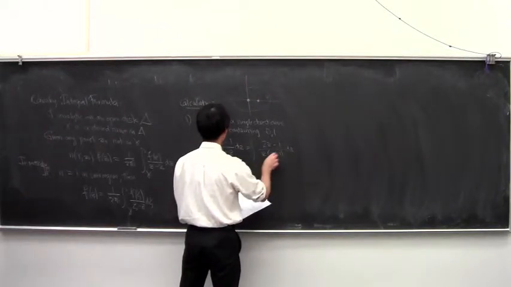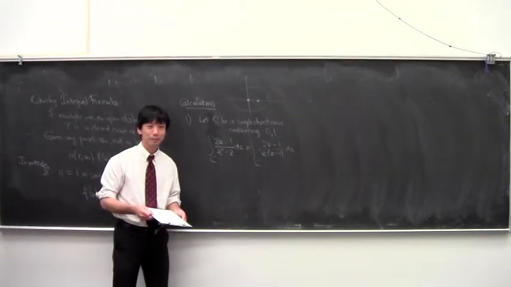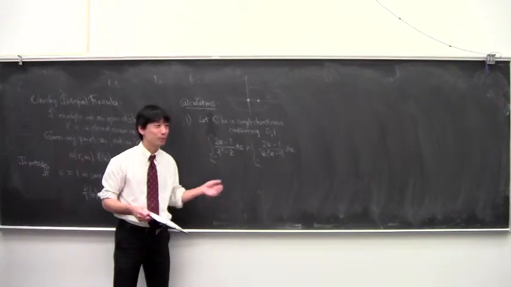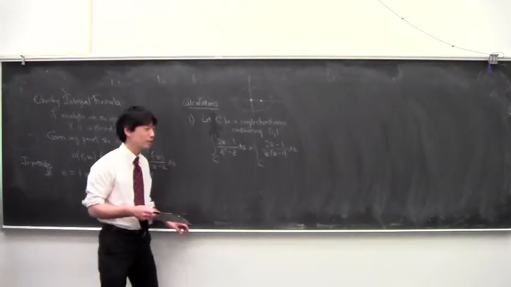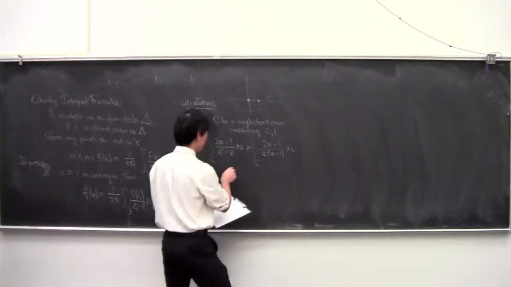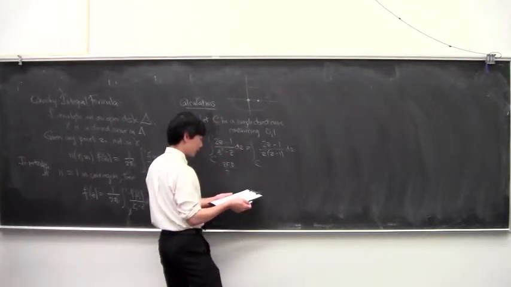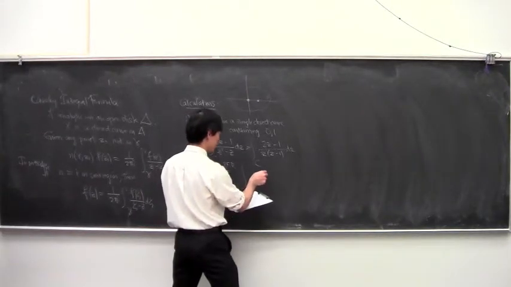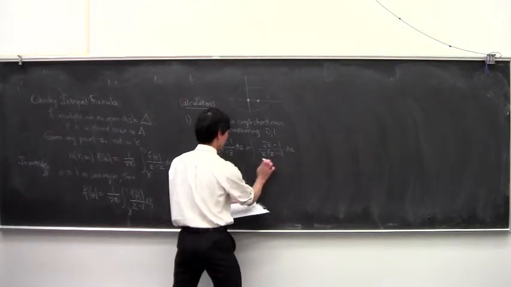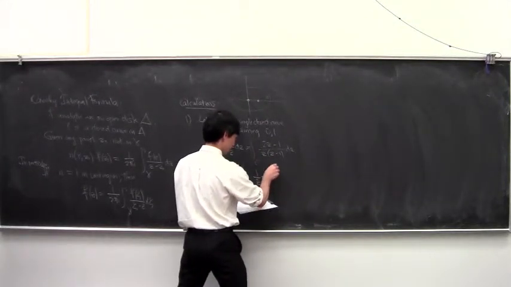And what are you going to use? Partial fraction decomposition. So via partial fraction decomposition, you recognize that this thing is 1 over z plus 1 over z minus 1.